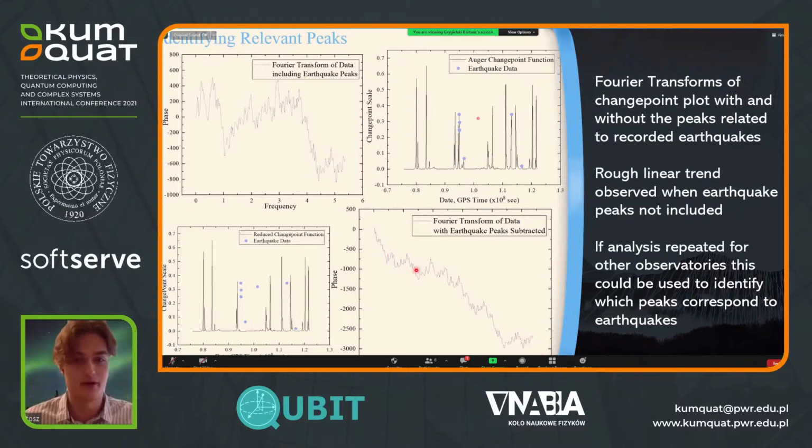Very rough one, but if we could identify all of the peaks and the sources of the deviations from the linear downward trend, then we could possibly perfectly predict it. So that is our goal for the next few months or however long it takes.